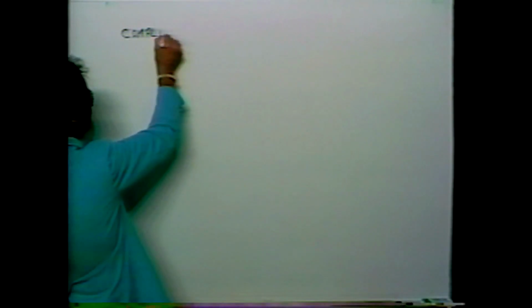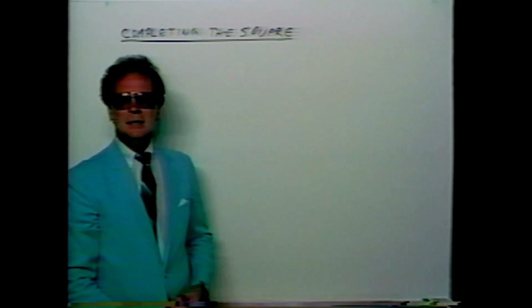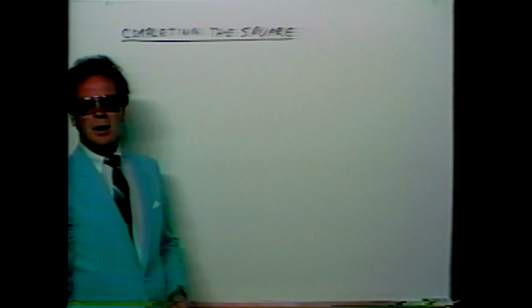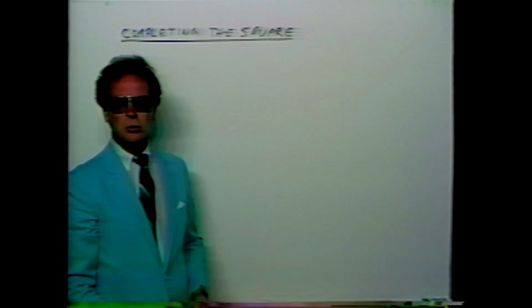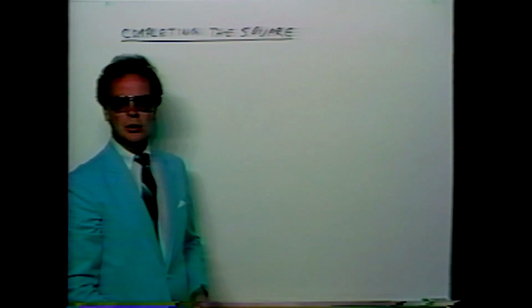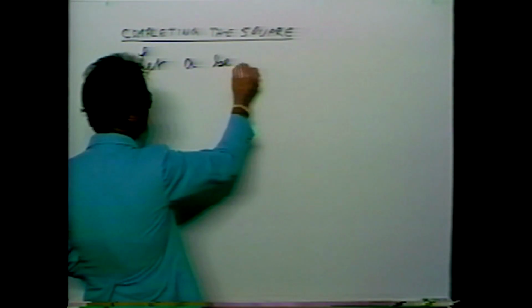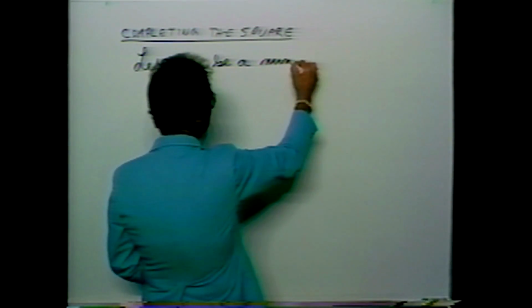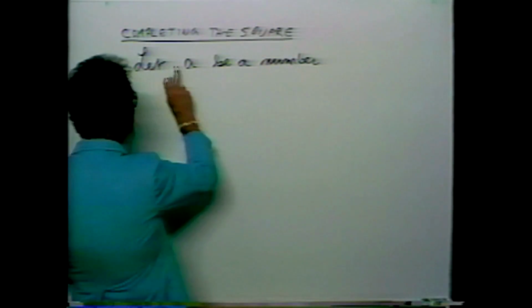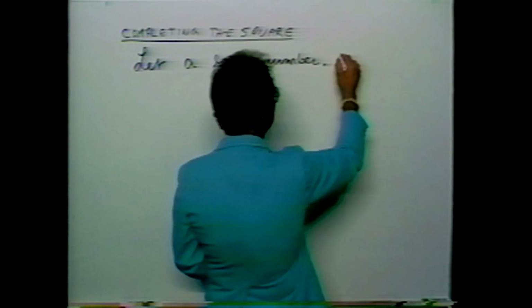The next method is completing the square. Let a be a number. Then the model of a perfect square in one variable is x plus a quantity squared.